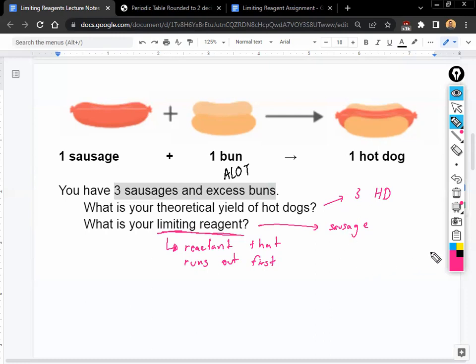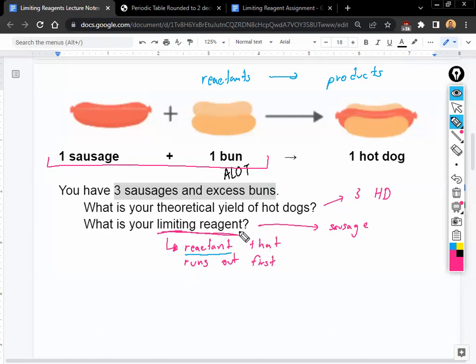Okay, one thing I want to point out before we move on is that limiting reagents are always going to be reactants. If you remember, reactants are the chemicals on the left side of the arrow, and the stuff on the right side of the arrow are called products. Whenever you're asked to find the limiting reagent, make sure you write down a chemical that's on the left side. Don't give me anything on the right side, because by definition those are products.